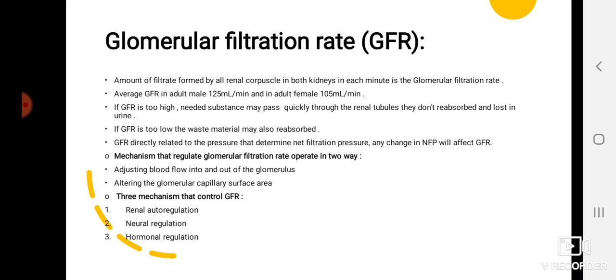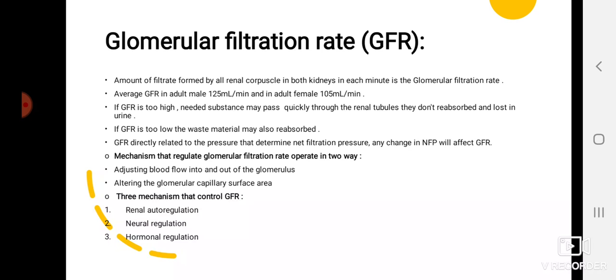Coordinated control of the diameter of both the afferent and efferent arteriole regulates glomerular blood flow. If we control the diameter of the afferent and efferent arteriole, the glomerular blood flow can be regulated. So how do we control this diameter? Contraction of the afferent arteriole decreases the blood flow into the glomerulus.